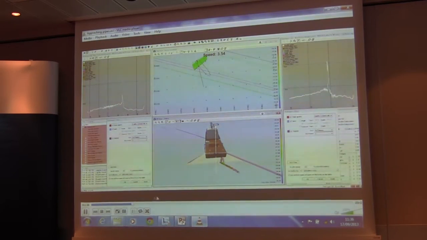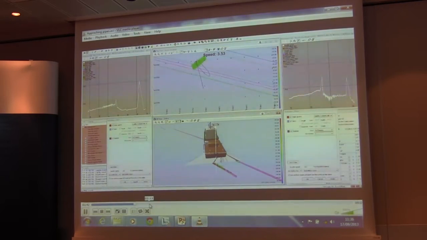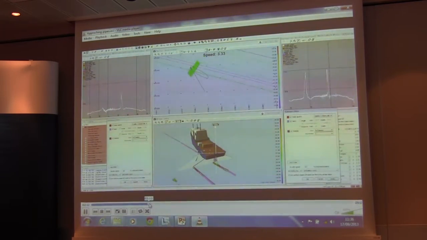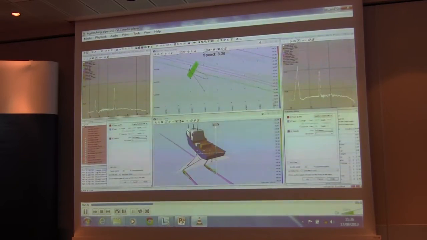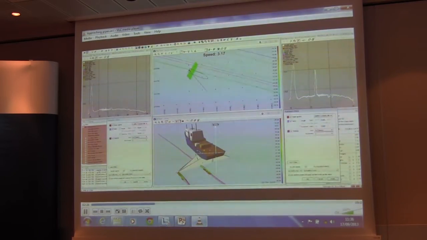So it's now coming back online, and we're starting to see a whole bunch of pipes within the swath. So PDS makes the pipe detections, and it does that for each swath, and then it connects all these pipe detections together to make a pipe route. And that's that purple pipe then.